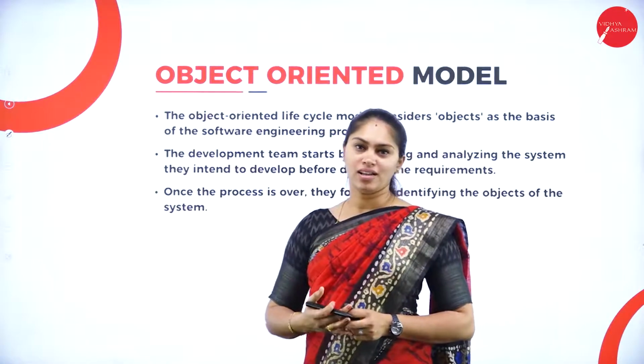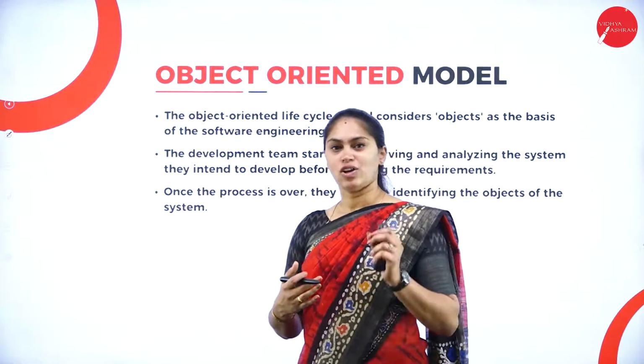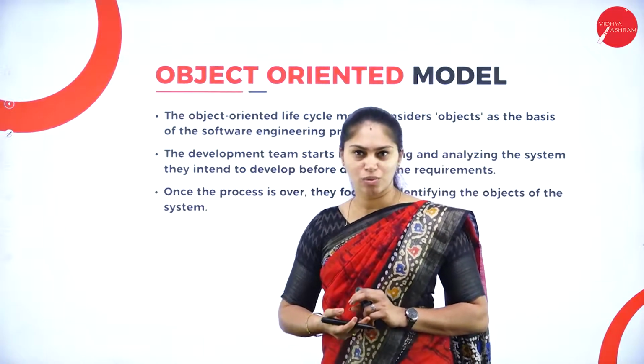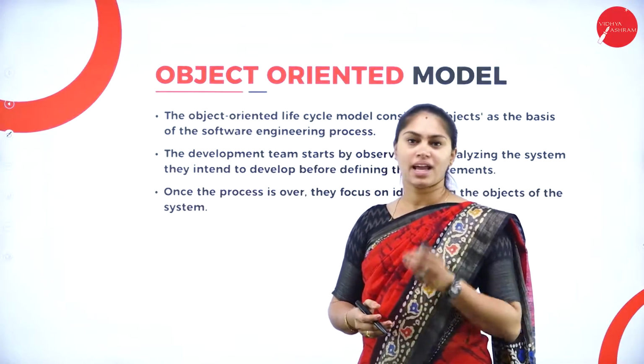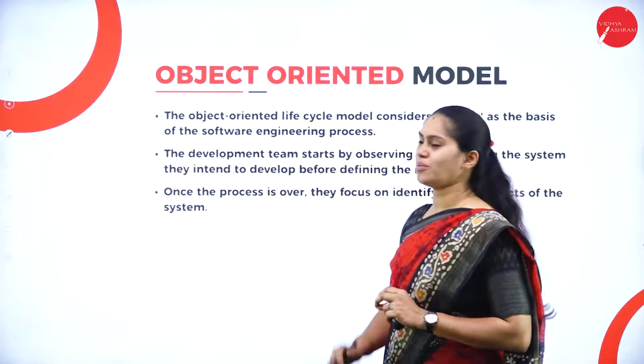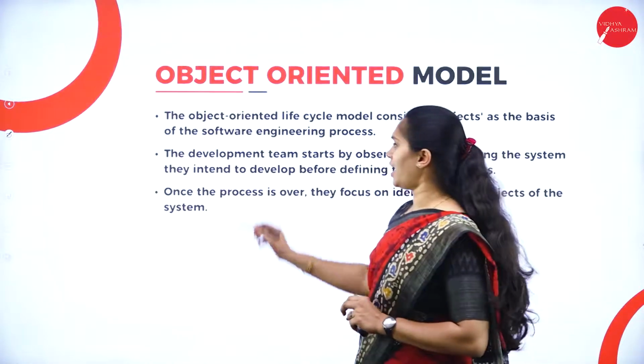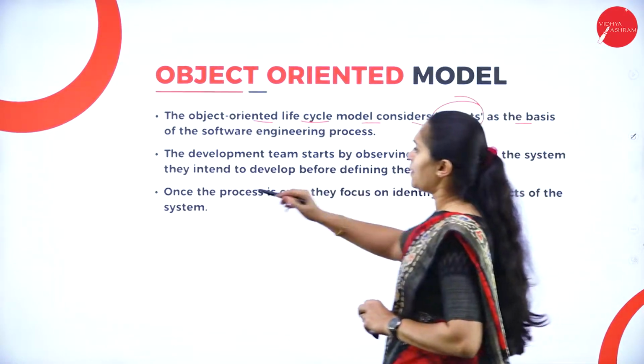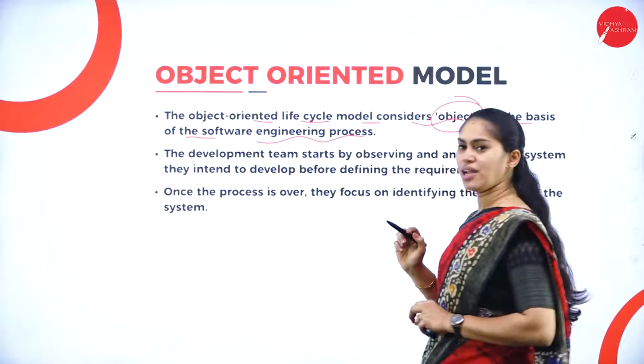Then they work to identify what the object is, how it is related to another object, and how to analyze that object. Everything is done in this object oriented modeling. So the object oriented life cycle model considers objects as the basis of the software engineering process.